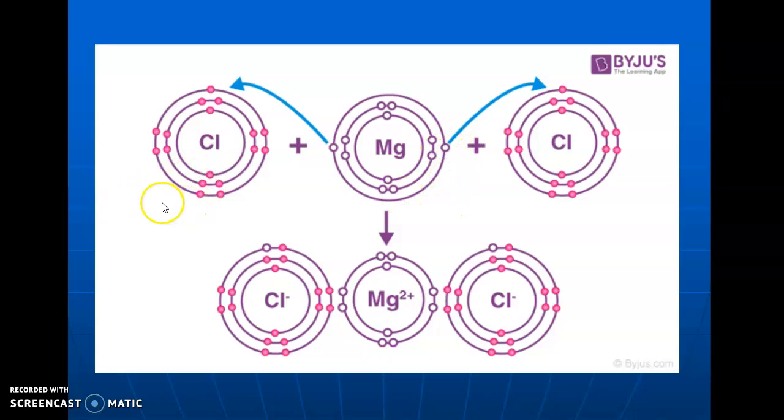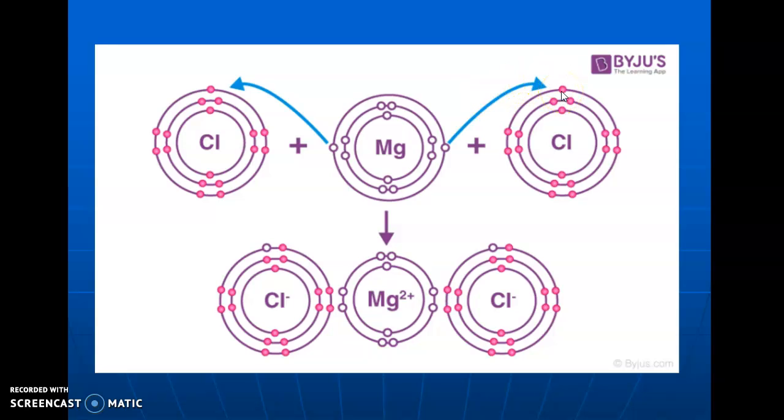So if magnesium comes close enough and collides, usually with a chlorine atom, that chlorine atom can take away 1 valence electron in order to complete its valence shell. But that magnesium atom would not be satisfied with getting rid of only 1 valence electron. So it would actually need to collide with another chlorine in order to get rid of that second valence electron.